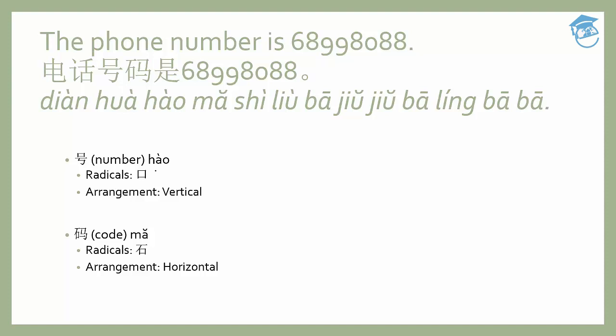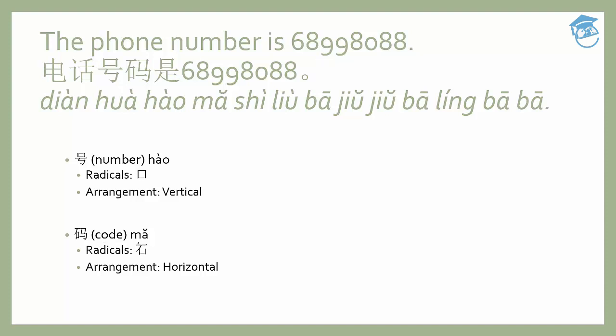This is the pinyin hào, and the radical is what's on top there. So the arrangement is vertical. Let's look at how to write 号. 1, 2, 3, 4, 5. 5 strokes for this word, 号. The next word is 码. 码 is usually used in code. Okay, so for this code, it can be used in coding or Morse code, that kind of code.